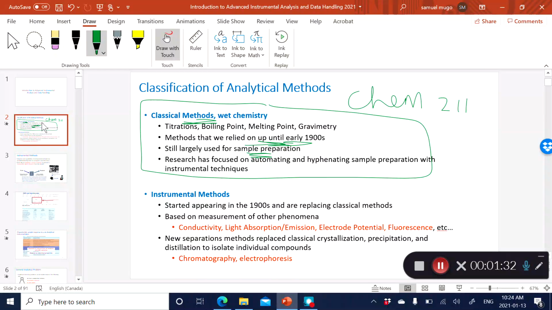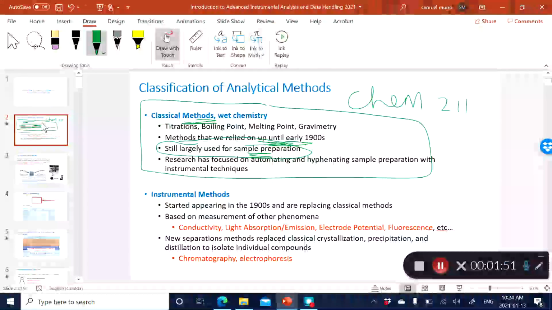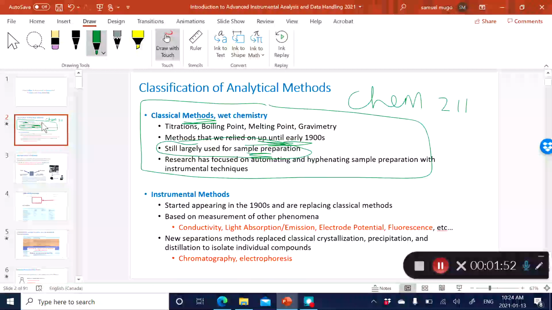So even though we don't use them as often for quantitative analysis, we still use them a lot to prepare the sample for instrumental analysis. So classical methods of analysis still remain very relevant today, but primarily to get the sample ready for analysis by the instruments.